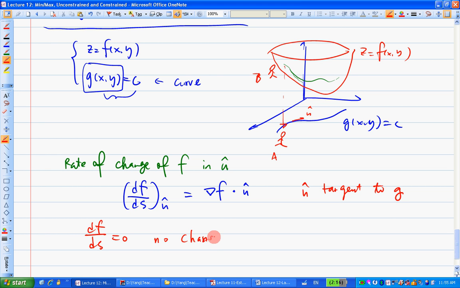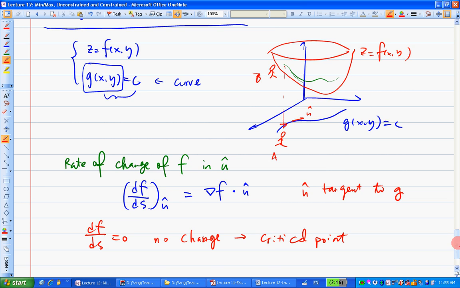If there's no change, mathematically where are you? You're at a critical point. So basically this means it's a critical point, maybe the min or maybe the max.